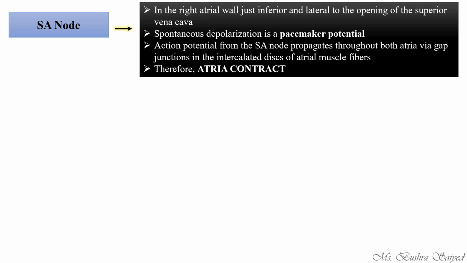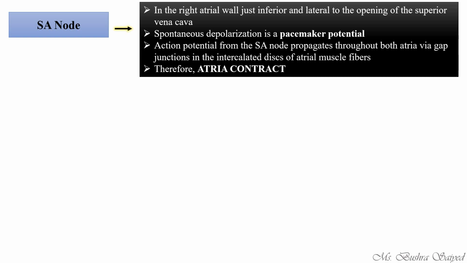First one is the SA node or sinoatrial node, which is located in the right atrial wall just inferior and lateral to the opening of the superior vena cava. The automatic generation of electrical impulse is the spontaneous depolarization which leads to the generation of pacemaker potential.